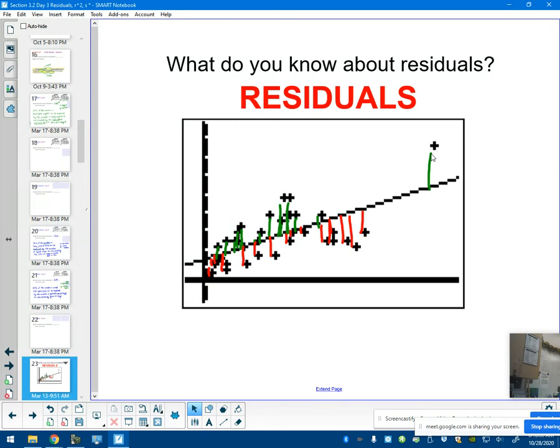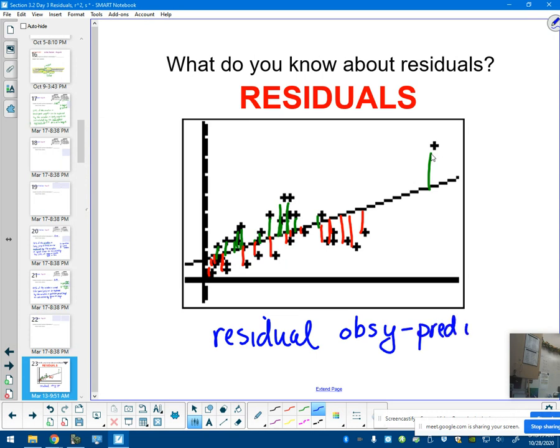So that's a residual. And now, to keep the residual formula straight in your head, a residual is calculated by doing the observed y value minus the predicted y value. And the way you remember that it's observed minus predicted is this.